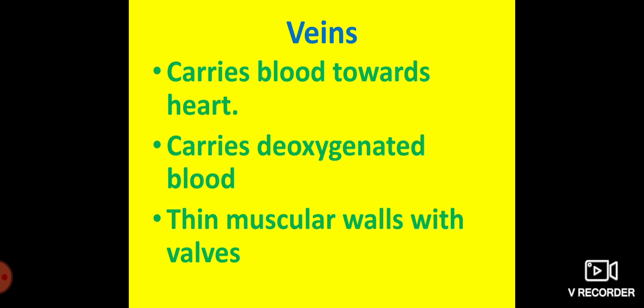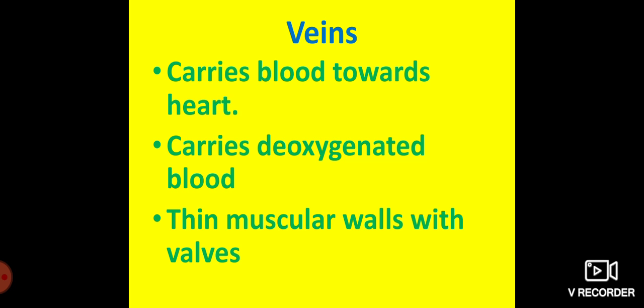In the heart, one more artery called the pulmonary artery is there. That pulmonary artery carries impure blood, deoxygenated blood. All arteries carry oxygen rich blood, but the pulmonary artery carries deoxygenated blood, impure blood.